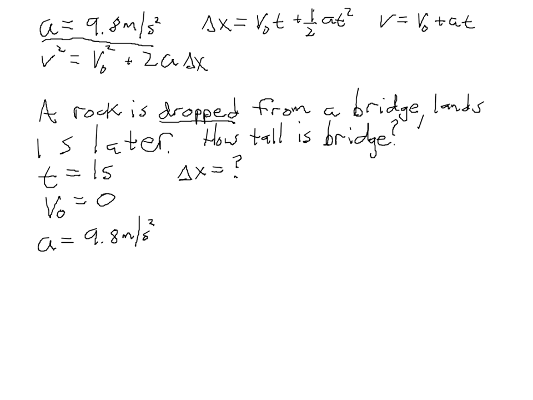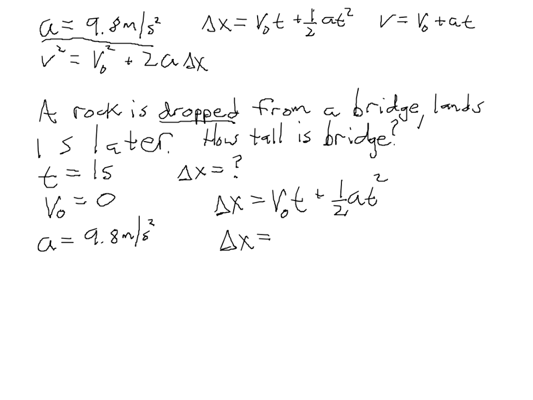bridge and the ground. Okay, so now it looks like, hey, we have enough information to solve this problem after all. In fact, it looks like the first kinematic equation will do the trick. Delta x is equal to v0 t plus 1/2 a t squared.